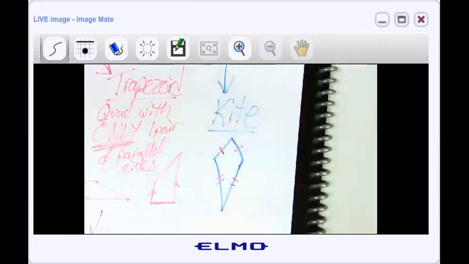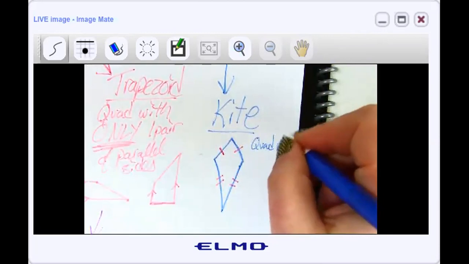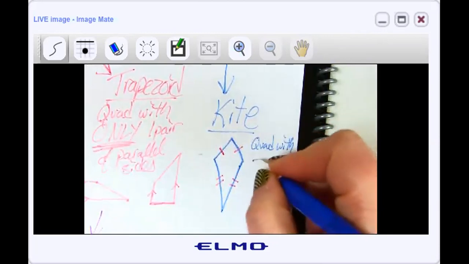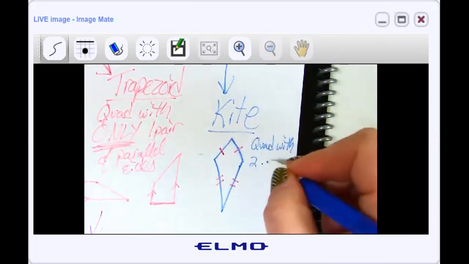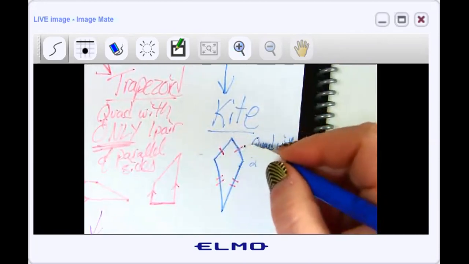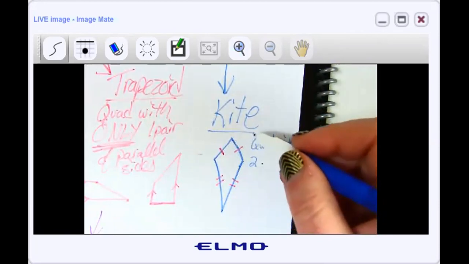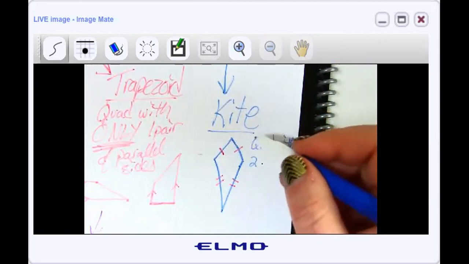All right, so let's put that in words. It is still a type of quadrilateral because I still have four sides. So quadrilateral with two. And when you have them right in a row, one after another, we call them consecutive. Right? So like 3, 4, 5 are consecutive numbers. So consecutive would be one right after another.